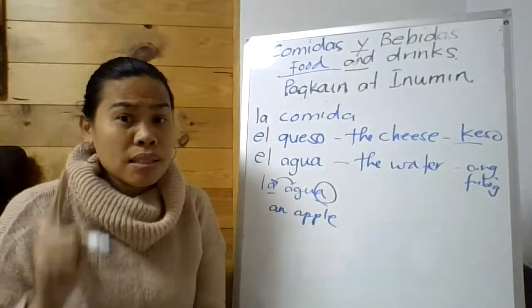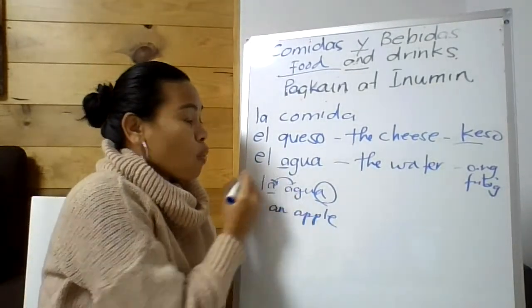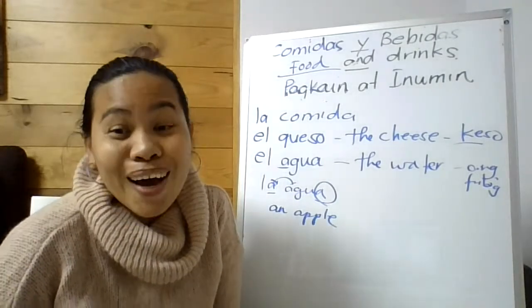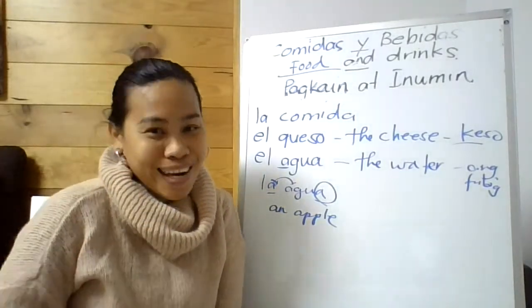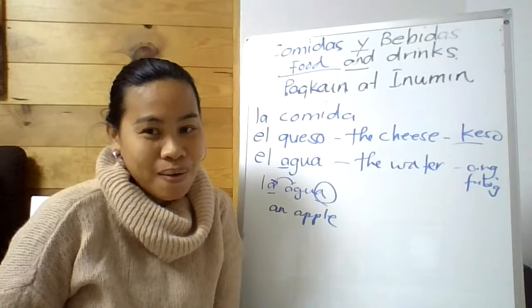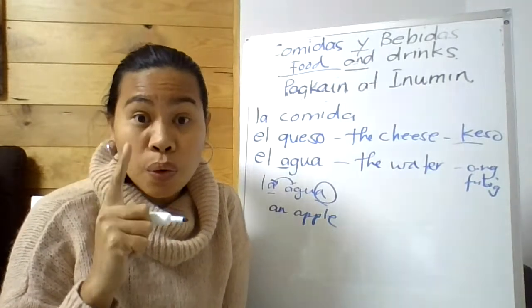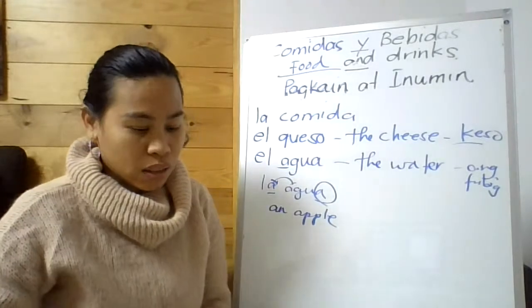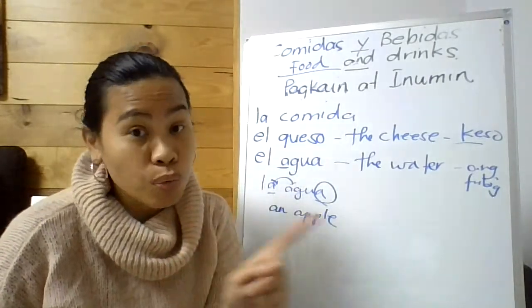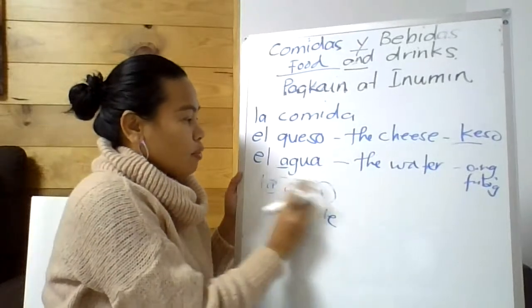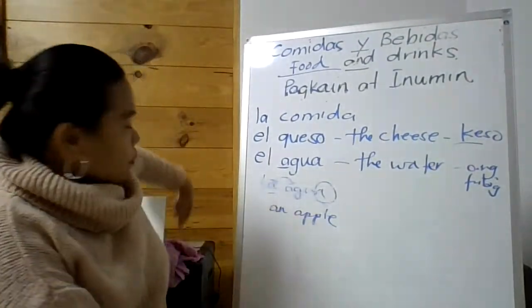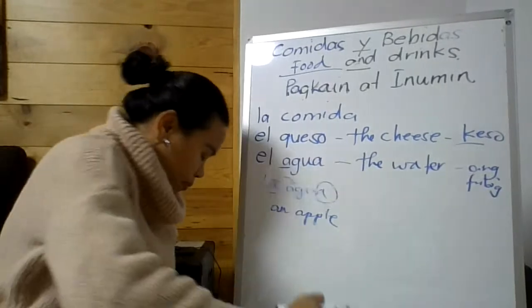So, since agua empieza con vocales, el agua, Kenneth, it's not la agua. Pero, si tú quieres decir mucha agua, that is correct. Utiliza mucha, no mucho agua. Mucha agua. For example, in la montaña, mucha agua.